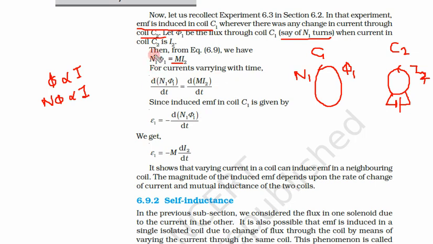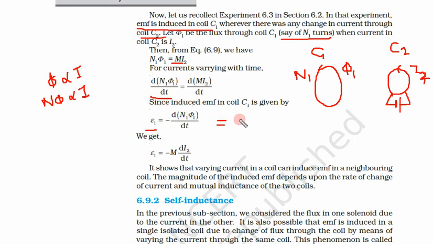So now let us differentiate both the sides. With respect to time we are differentiating: d upon dt of N1 phi 1 is equal to d upon dt of M I2. So we have put the differential. Now, what is the induced EMF? Induced EMF epsilon 1 is minus d upon dt of N1 phi 1, and you know this N is a constant, so it comes out of the differential.